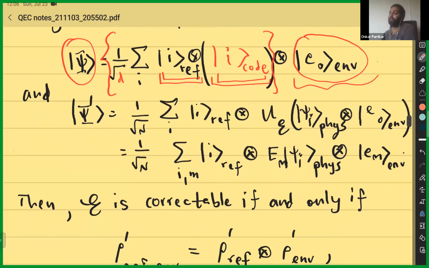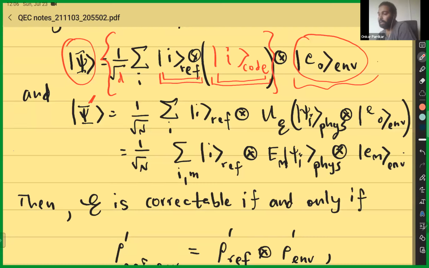Now, what happens? The idea of this decoupling theorem is to ask what happens to the state capital psi when the physical system starts interacting with the environment. In other words, the error channel acts on this state capital psi. Let's call the new state psi prime.